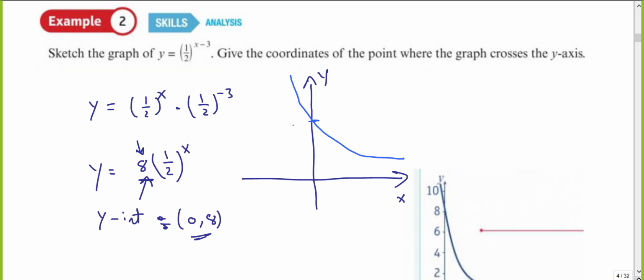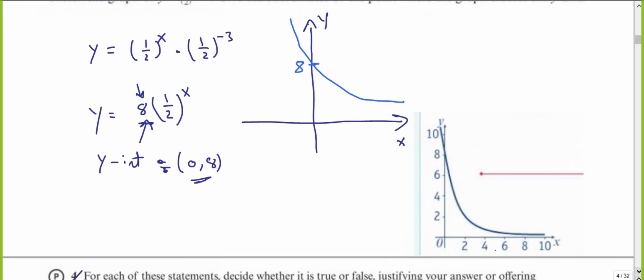So it will cut the y-axis at 8, like the sketch down here. Do you see this? طبعا you can draw it close as much as possible to the x-axis. Sometimes it's a bit difficult to sketch using digital pen, but it's fine. Clear? Clear.